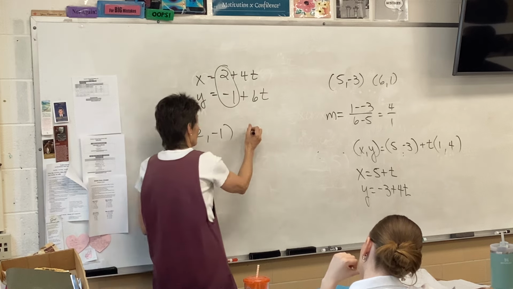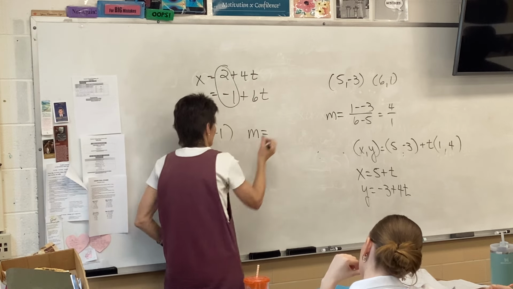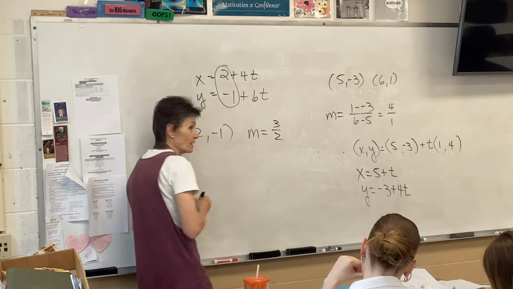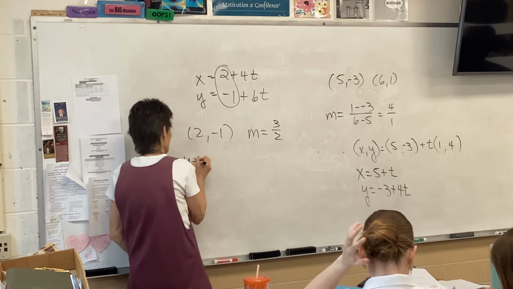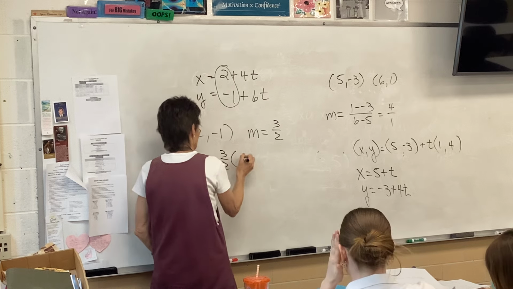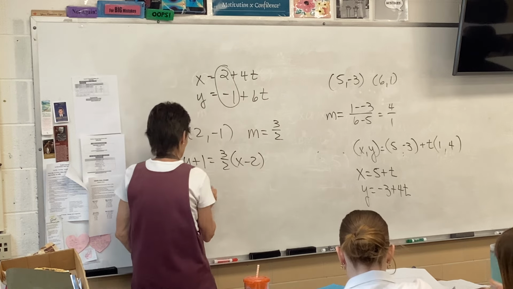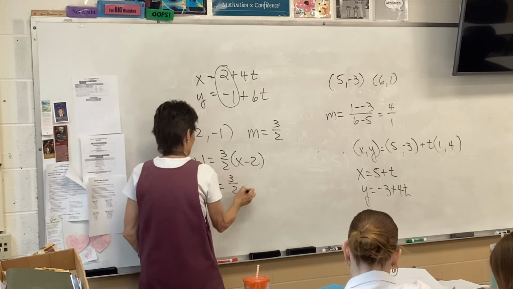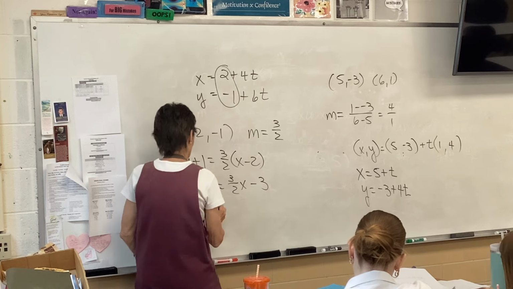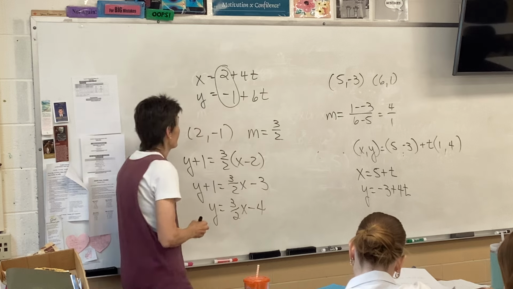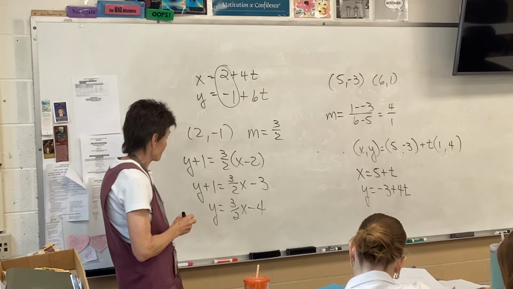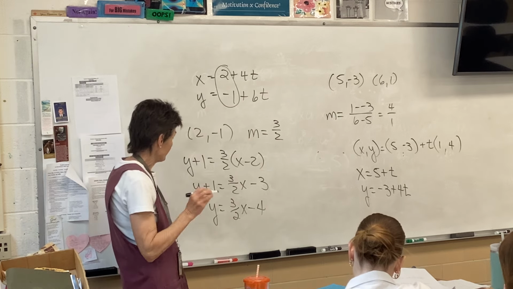So what would our slope be? 3/2. Perfect. And then you can write the equation of the line. So this is one option. So I got 3/2 x minus 4. But double check that.